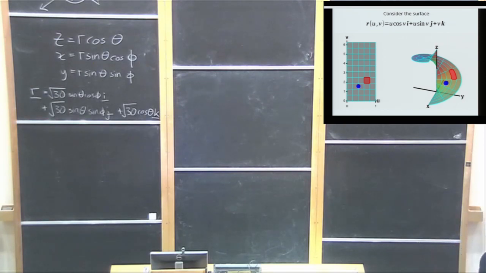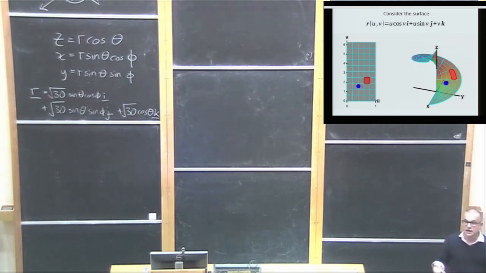You can have any you like. This surface is described by u cos v in the i direction, u sine v in the j direction, plus v k in the z direction. In terms of u and v, we imagine some range going between 0 and 1 in u and 0 and 2 pi in the v direction.